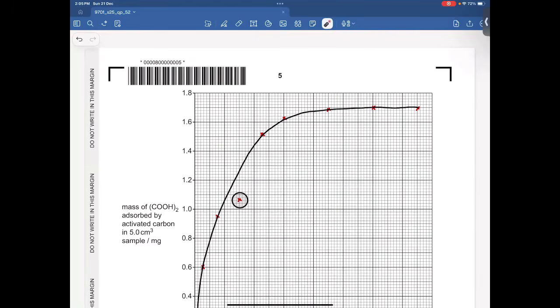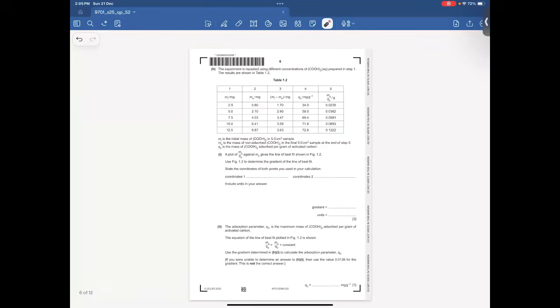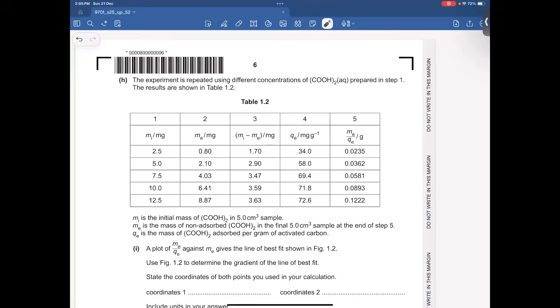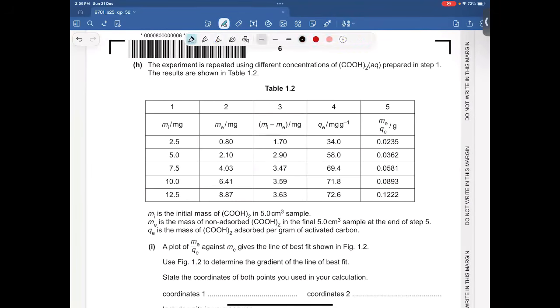My goodness, that's a very, very lengthy question. The experiment is repeated using different concentrations of ethanedioic acid prepared in step 1. The results are shown in table 1.2. Initial mass of ethanedioic acid is in a 5 cm cube sample.